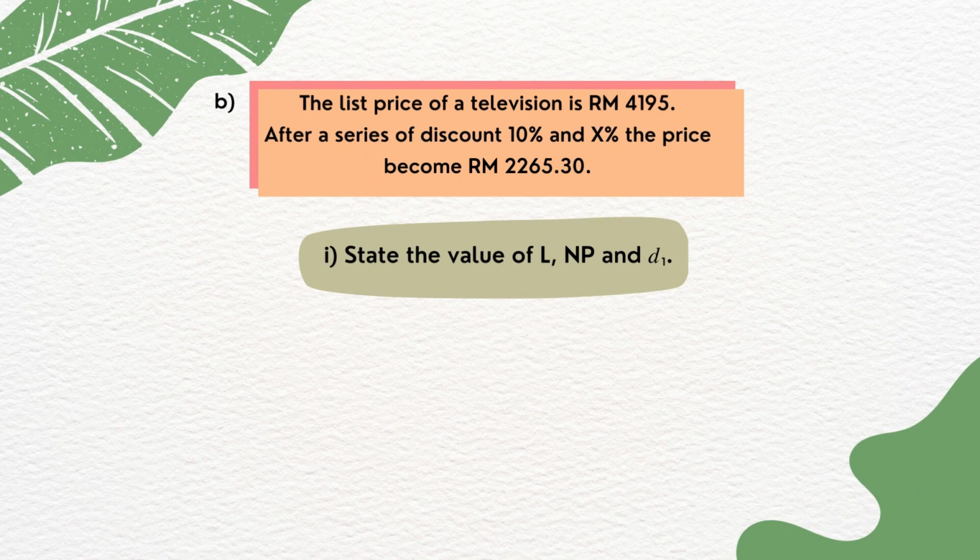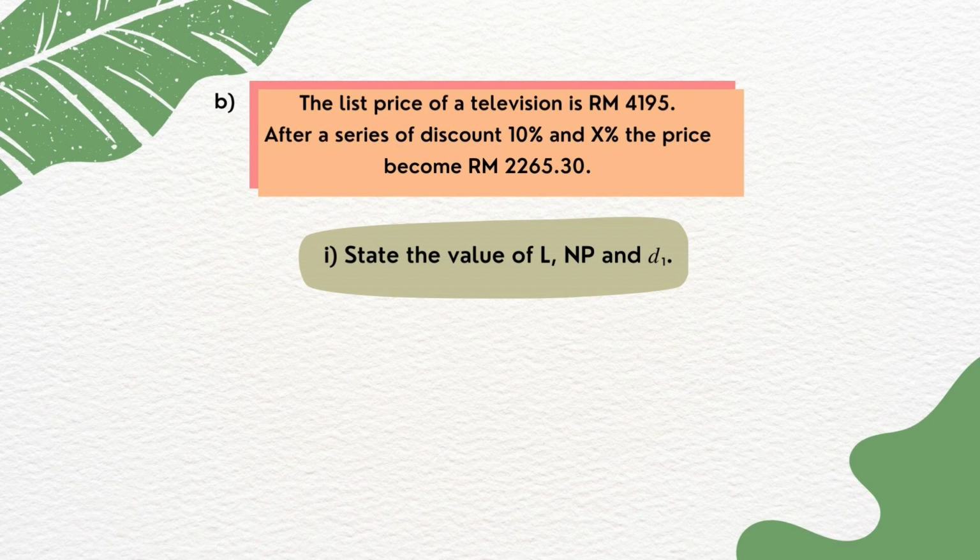Case question 2. The list price of a television is RM4195. After a series of discounts 10% and X%, the price becomes RM2265.30. The question is state the value of L, NP and T1. So let's go find the answer. First, find the L. L is the same as LP.